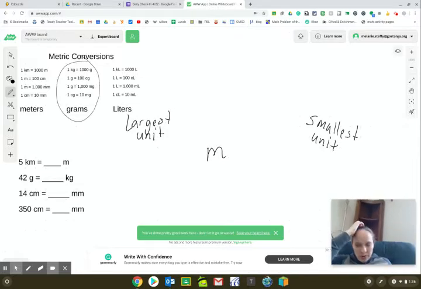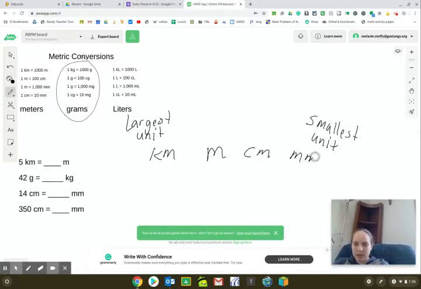There are more units in here than what we've been using, but I'm going to put kilometers over on this side because I know that kilometers is a lot bigger than a meter. It's 1,000 times bigger. The next size smaller is centimeters, and then the last size is millimeters.